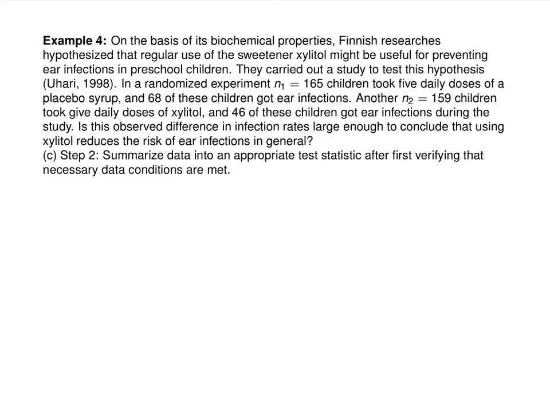All right, next let's find the test statistic after first verifying that the data conditions are met. Well, we would need to take n1 times that null value of p naught. So 165 times 0.352, and n1 times 1 minus p naught, 165 times 1 minus 0.352.